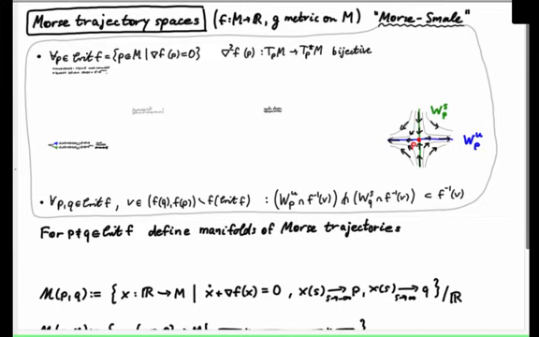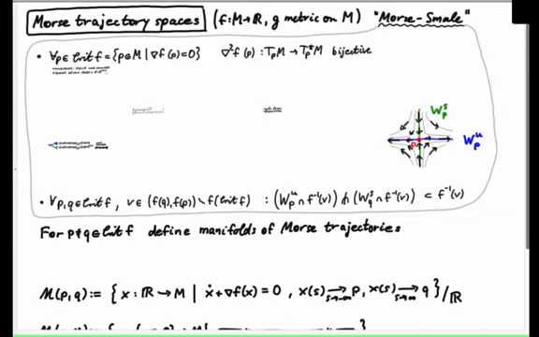First condition says I want the flow near critical points to locally look like this, which will follow from having all the critical points non-degenerate. Non-degenerate means if you look at the Hessian as a map from tangent space to cotangent space, or tangent space to itself, it's bijective, or surjective, or injective, right? It's all equivalent in finite dimensions.